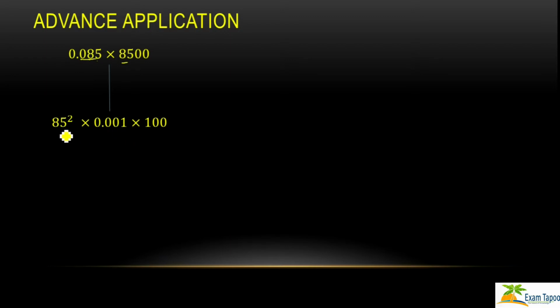Now we can see this calculation becomes easy, as I can see a square of number 85. So I will calculate the square of 85. To calculate the square of 85, I will identify the number just before 5, that is 8. I will increment this 8 by 1 and I will multiply it to 8 only. So 8 into 8 plus 1, that is 9. So 9 8s are 72.